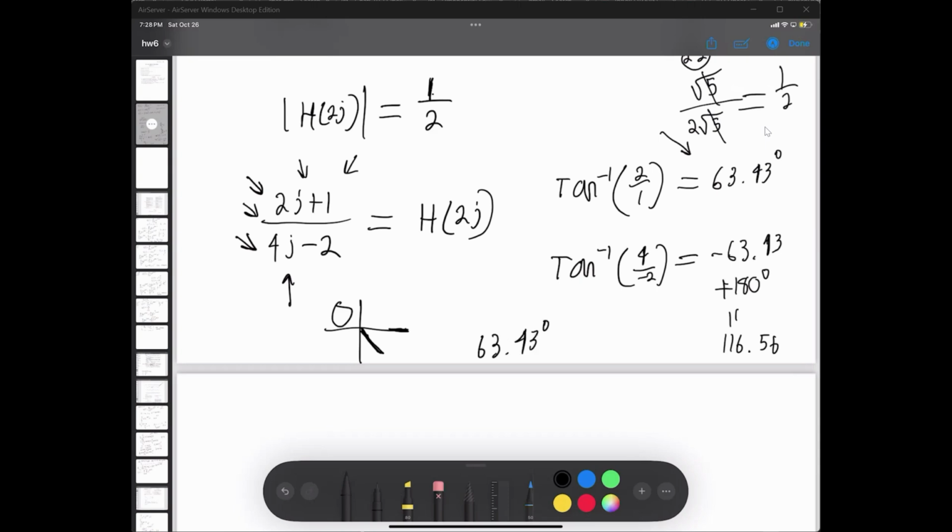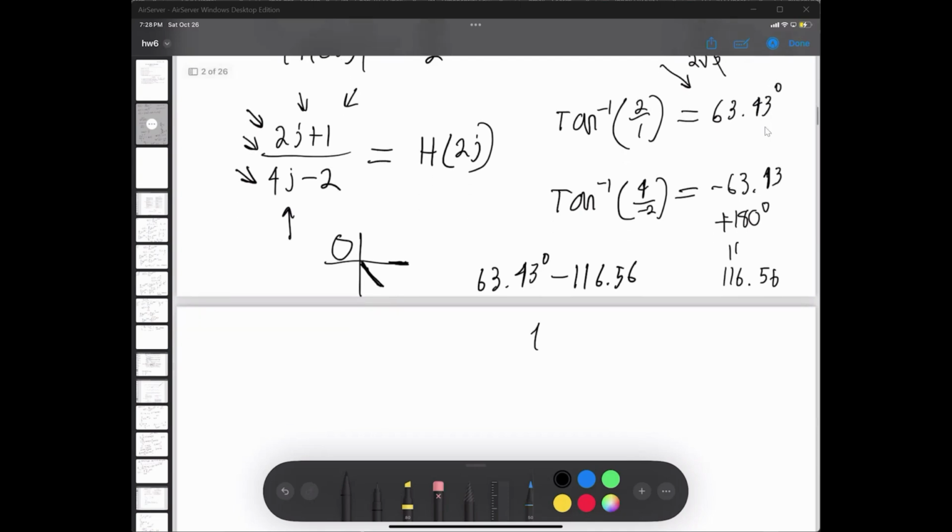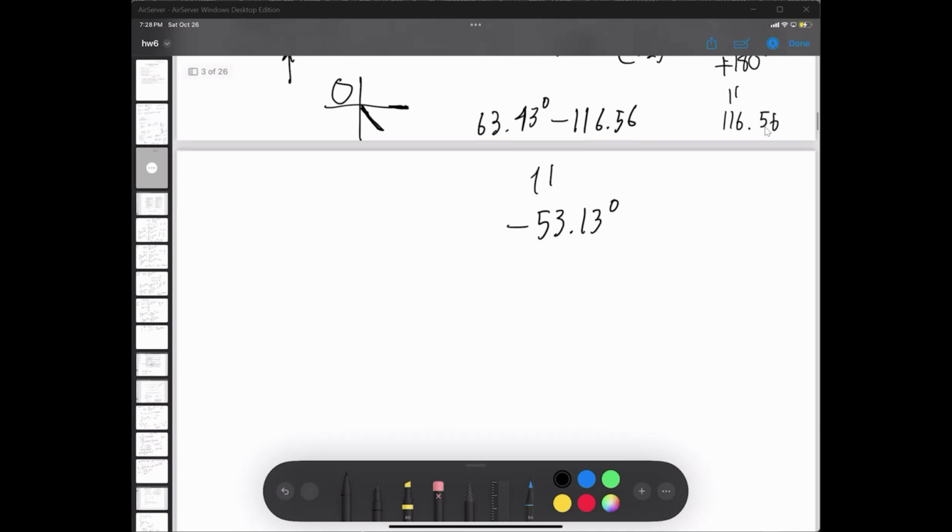Okay, so let's subtract those two angles. 63.43 degrees minus 116.56 gives us negative 53.13 degrees. All right, now let's put our final answer all together. The cosine of 2t, the frequency doesn't change, but we'll have a phase shift of negative 53.13 degrees.